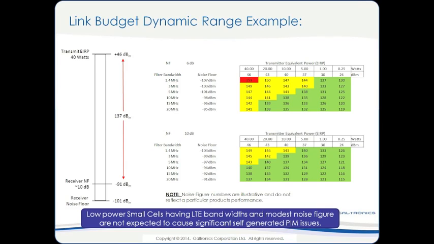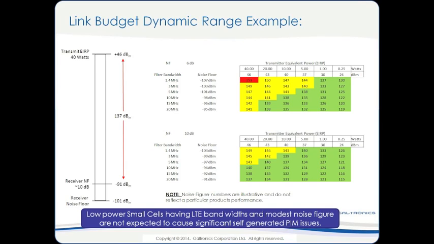But what we see here is that the difference between the transmit power and the smallest signal that we're actually able to receive is 137 dB. What that means is that as long as we don't have PIM sources that are higher than -130 dBc, we should not expect to see any kind of impact on our transmit and receive signal from PIM.